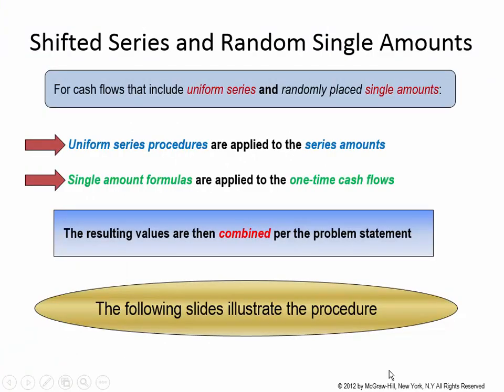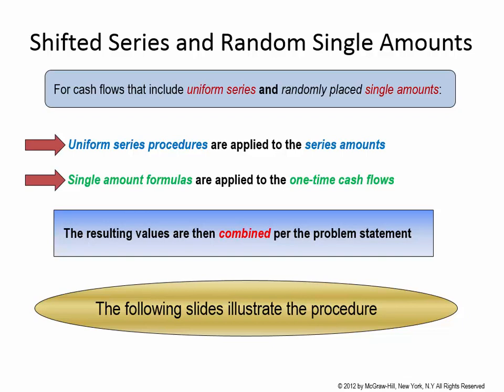Okay, so let's review some theory before we get into problem solving. So far we've been dealing with series and sometimes single amounts. And the way that we apply the formulas for a series or single amount is a little bit different.